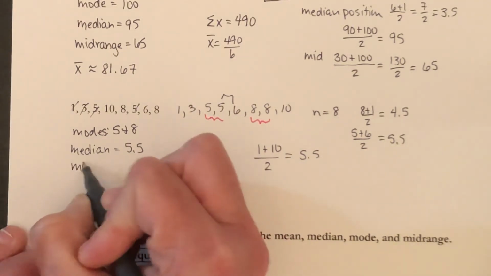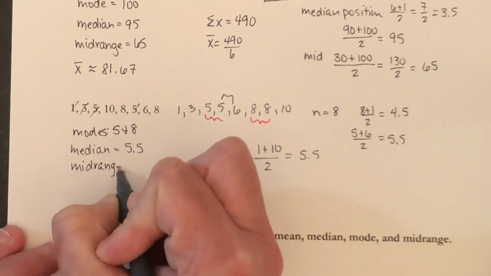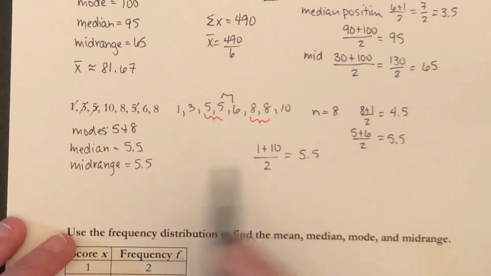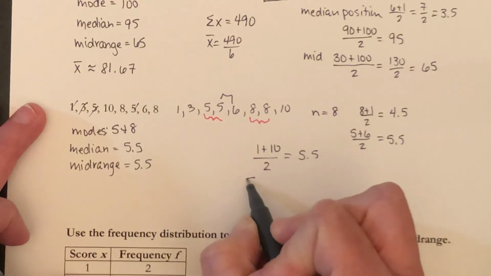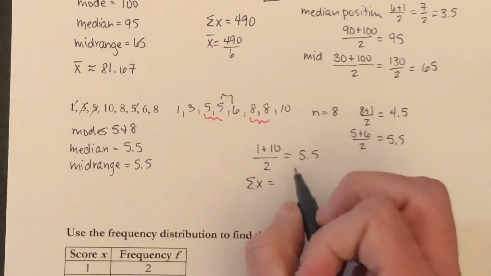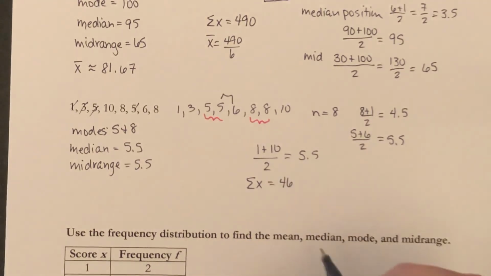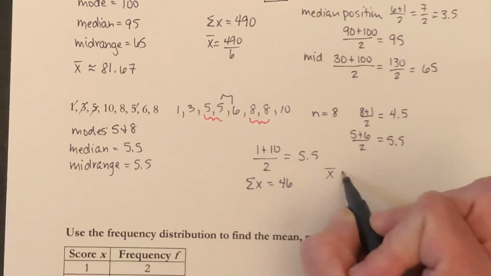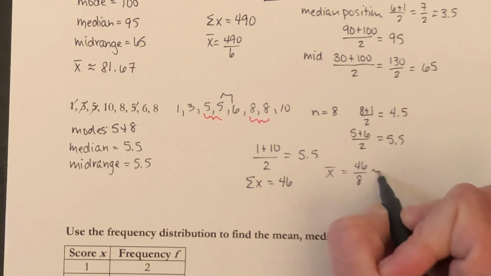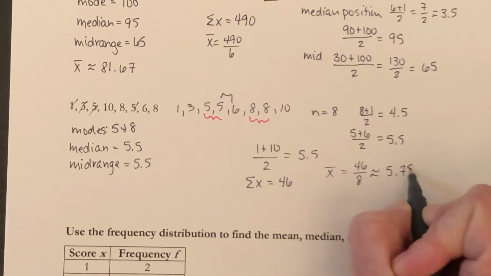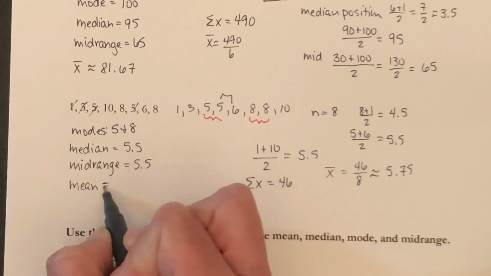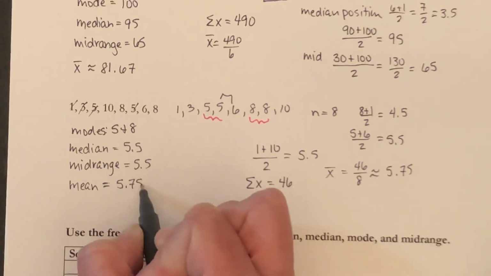Okay. And then the last is we need to add them up. So the sum of x, if you add up all of these values, you get 46. So your mean will be 46 divided by 8, which is, oh, not approximately, it's exactly 5.75.